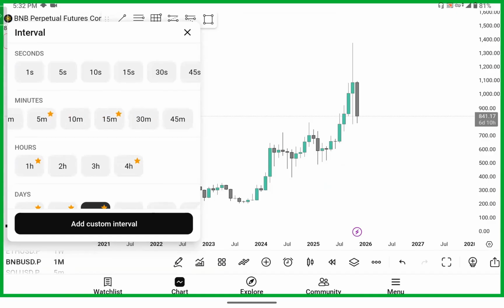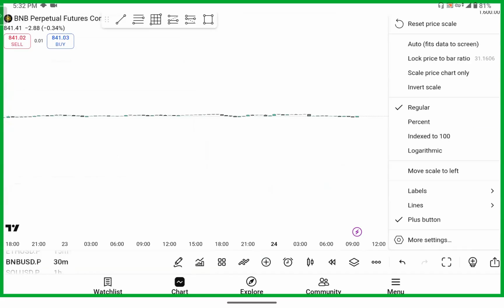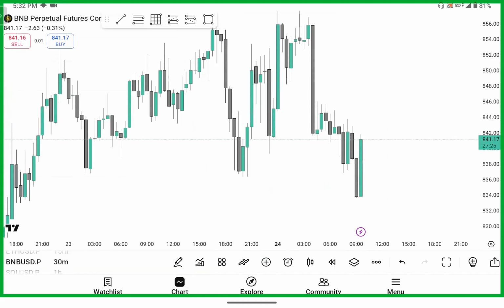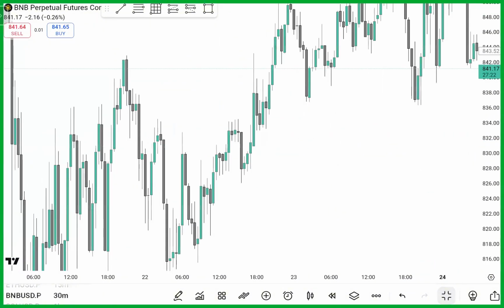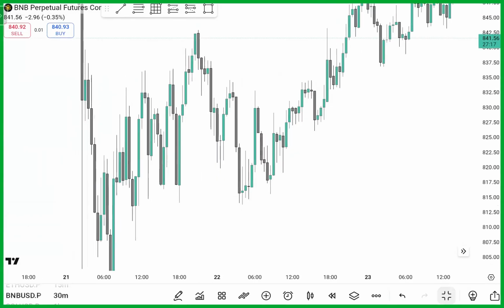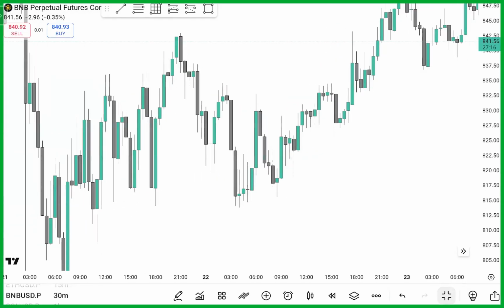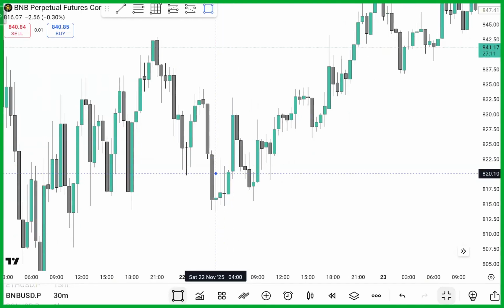Let me use 30 minutes so that you can be able to see. Hope it is visible to you. So hope you can see this point. Just watch on my chart.